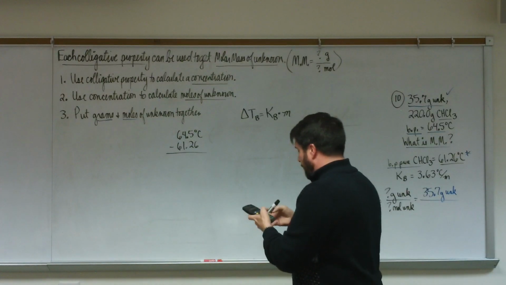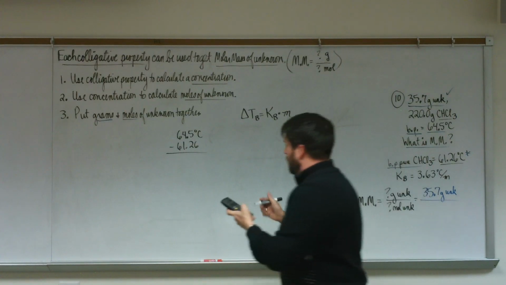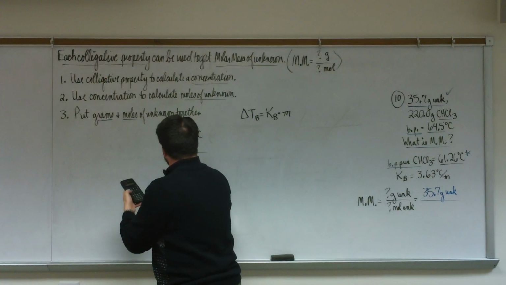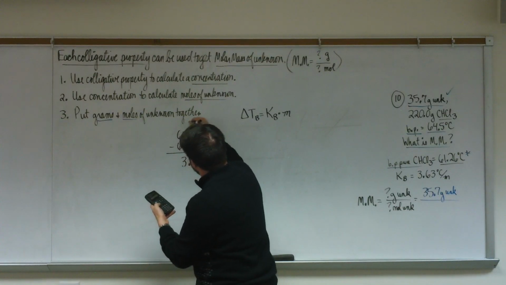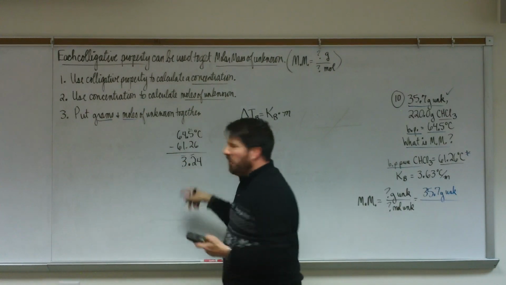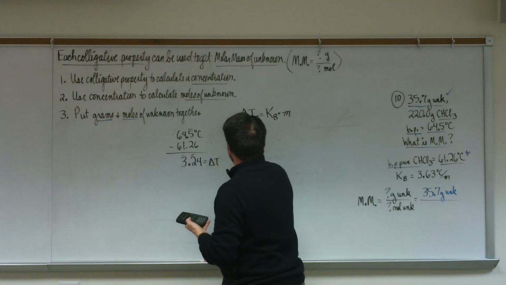So 64.5 minus the 61.26, you should be able to do this at the same time, gives us that it rose by 3.24. And I'm going to have to stop at the ones position. There's really only two significant figures here for delta T. All right, we can put that in.